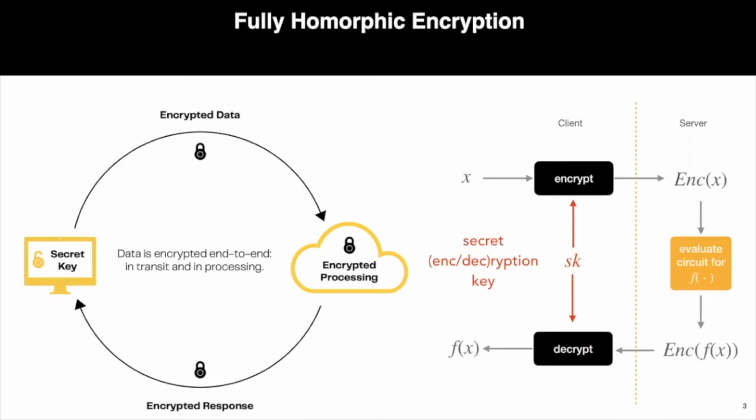At the end of the computation, it has computed the encryption of f of x, which is sent back to the client, which with the secret key SK can decrypt it and finally get f of x.